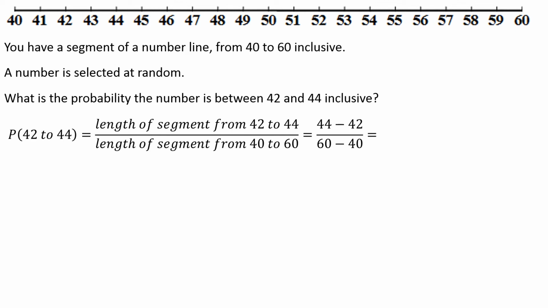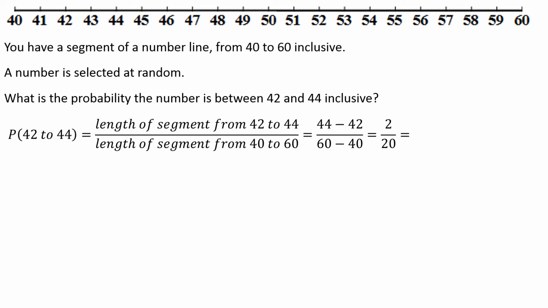And although there are 21 numbers, if I start at 40 and count to 60, there are 10 numbers from 40 to 49. There are 10 numbers from 50 to 59. That's 20 numbers. And then there's that number 60. That's 21.